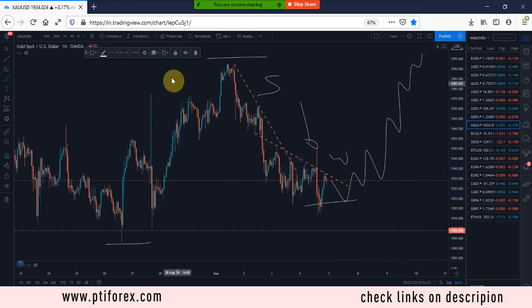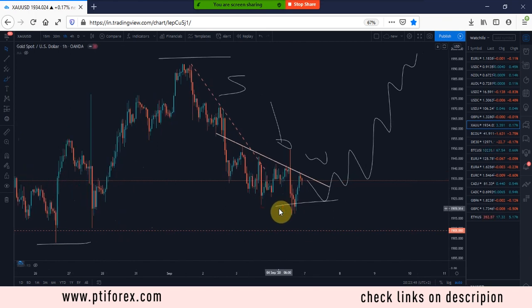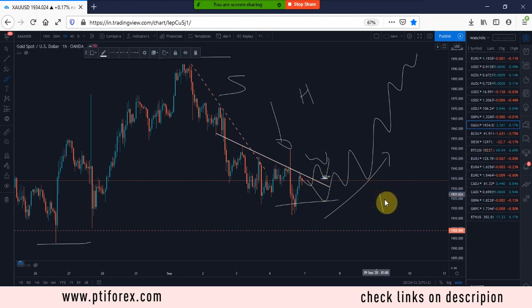So what we have right now as traders in our minds is to wait for this resisting trend line of ours here to be broken, and we see what confirms an uptrend, which is higher lows and higher highs. We are waiting for this line to be broken, and then we see some lows coming in which are higher than the previous ones, and then we confirm it as a buy.